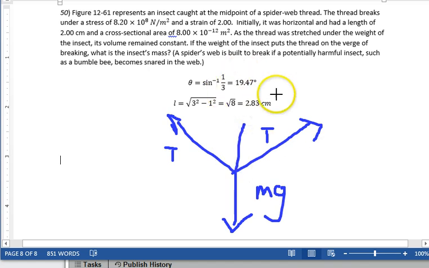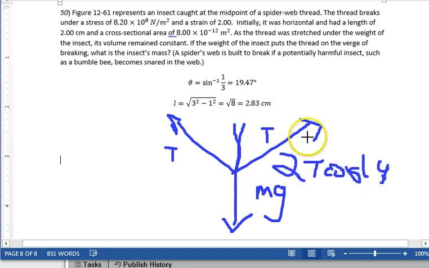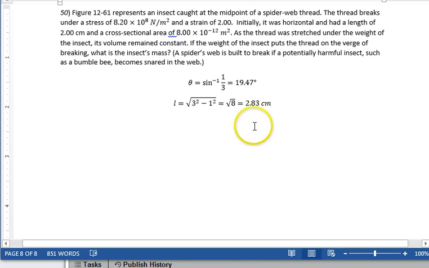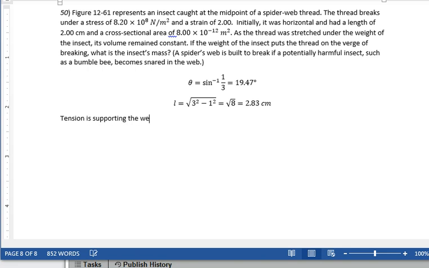Now that we have this angle, 19.5 degrees, T times cosine of 19.5, twice that, once for each side, must be equal to the weight. So the tension is supporting the weight of the bug, and we end up with 2T cosine of 19.47 degrees equals mg, the mass of the bug. We also know we're on the verge of breaking.